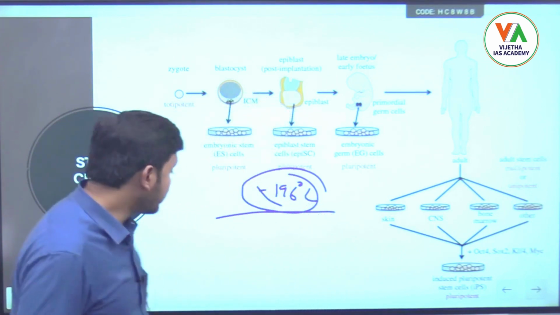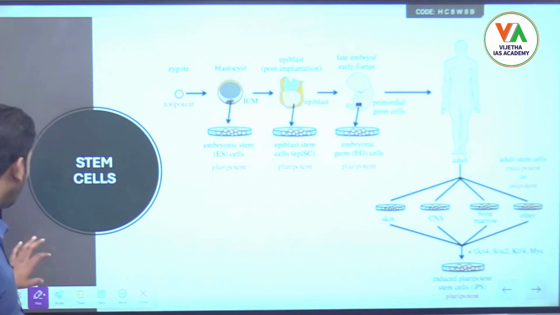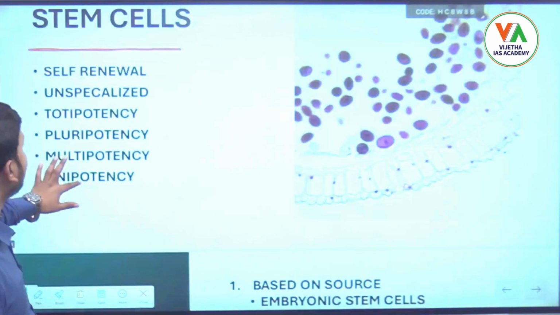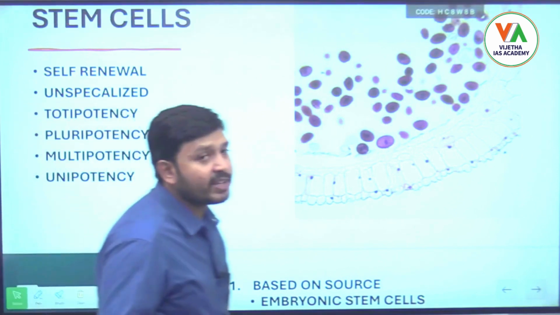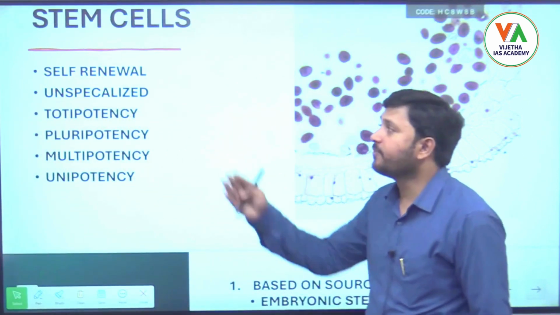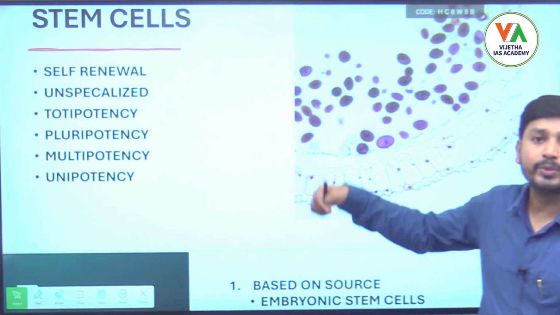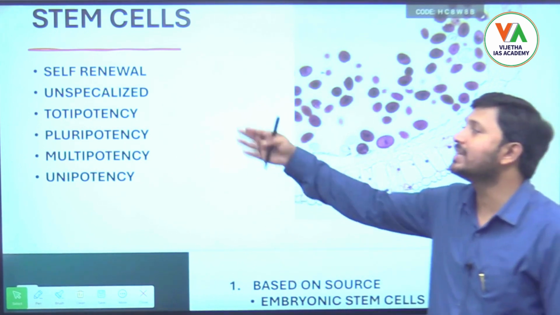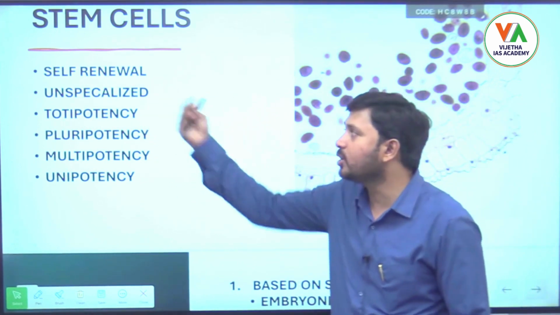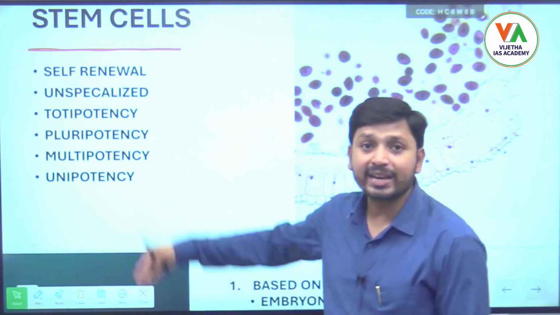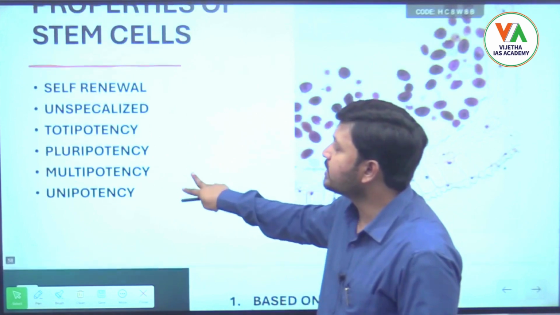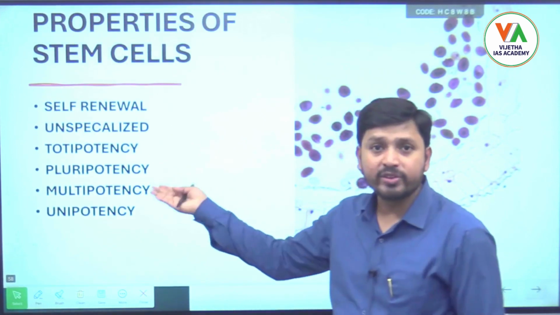Such a property of stem cells is called self-renewal. Even if I remove all those conditions, we can retrieve them back and use such stem cells. Such a property is called self-renewal. The second property of stem cells is unspecialized, which I have discussed, right?